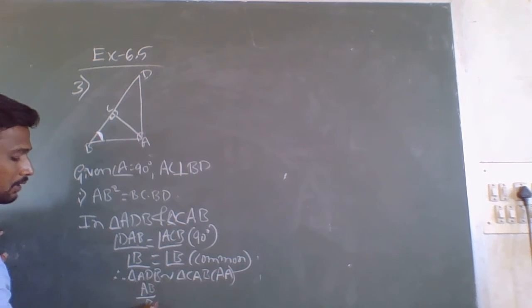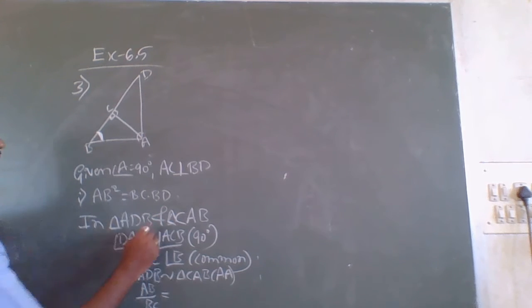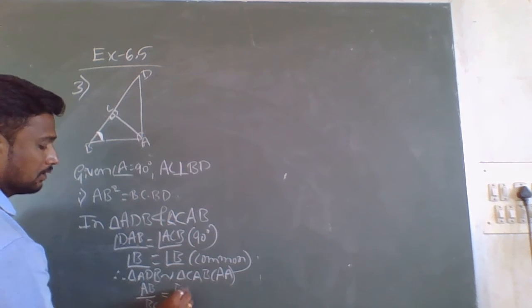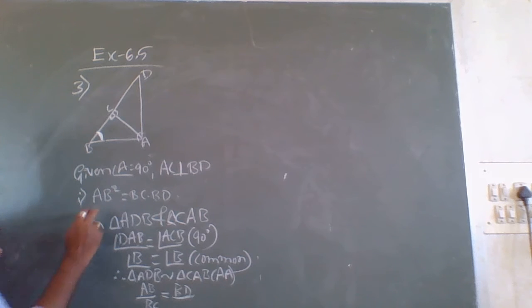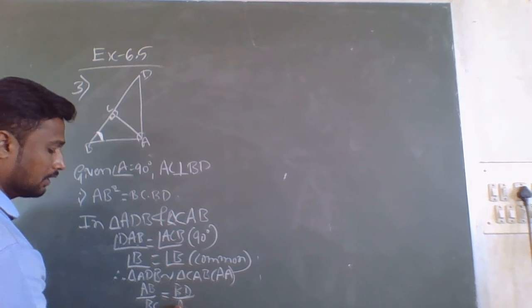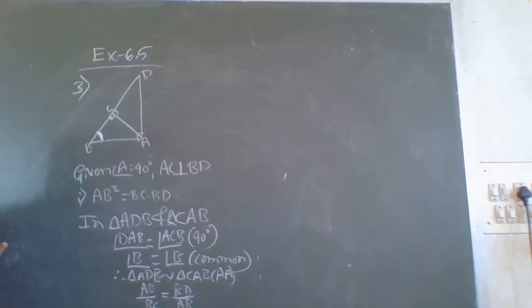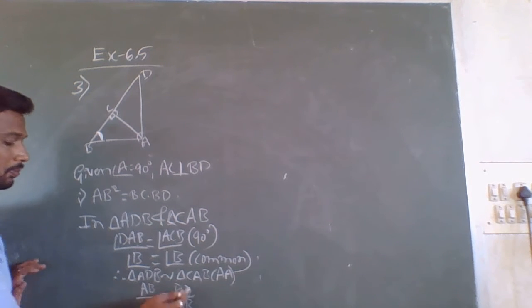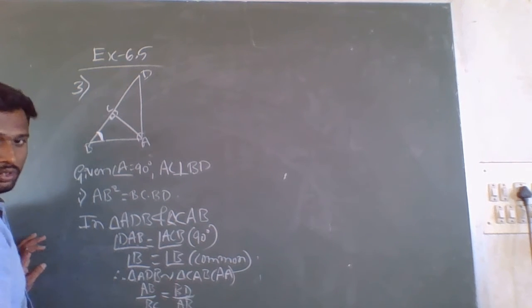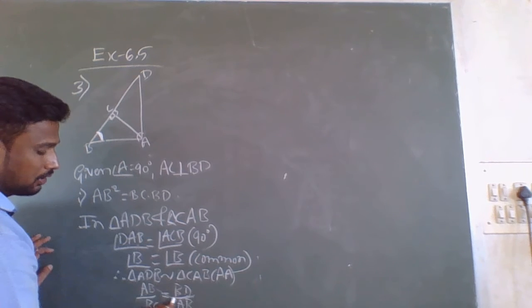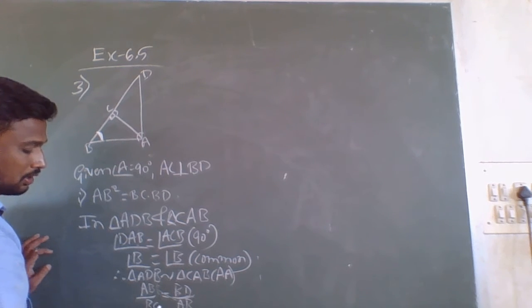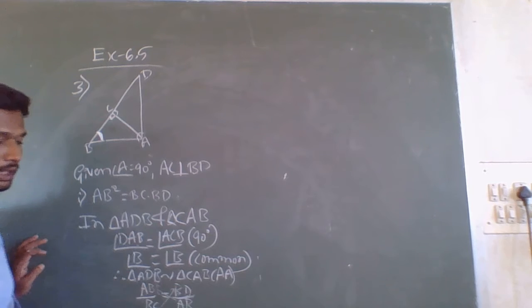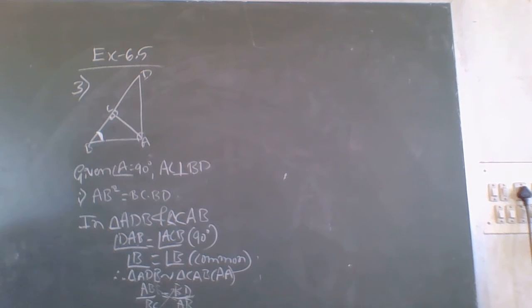Therefore AB by BC is equal to BD as it is, and BD by AB. When you cross multiply these two, you will get AB into AB, AB square, equals BC into BD.